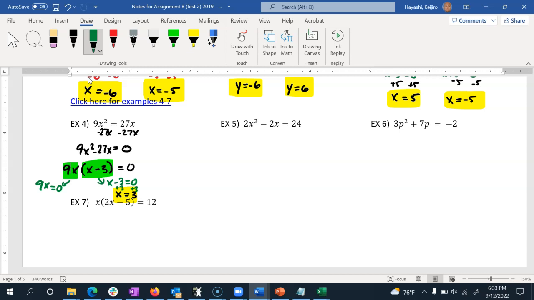Yeah, divide by 9. And you're going to end up with what second solution for x? 0. 0 divided by anything is still 0. So you can see why it wouldn't matter whether you took the 9 or not. You're going to end up with x equals 0 either way.